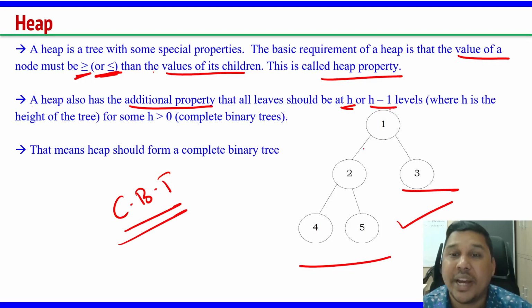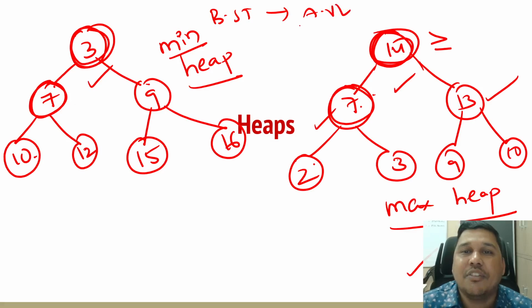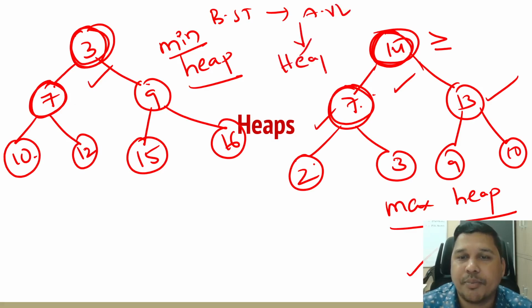If you observe, why are we saying that it should be at h or h minus 1? This is also an AVL tree, a height balanced tree. That is why, when I explained, we said that from BST came the AVL tree, and from there comes your heap tree.